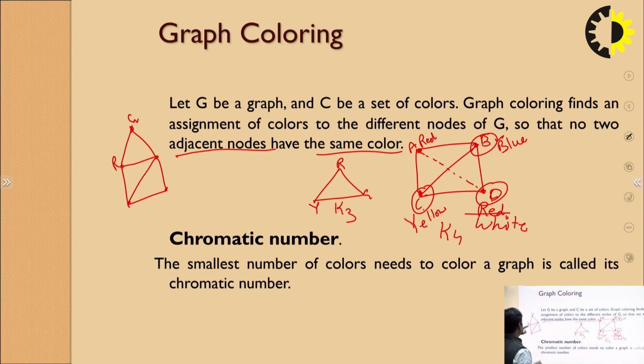These are vertices A, B, C, D, E. We assign red color to A and green to B because both are adjacent. Vertex E is not adjacent to B, then we can put here green.